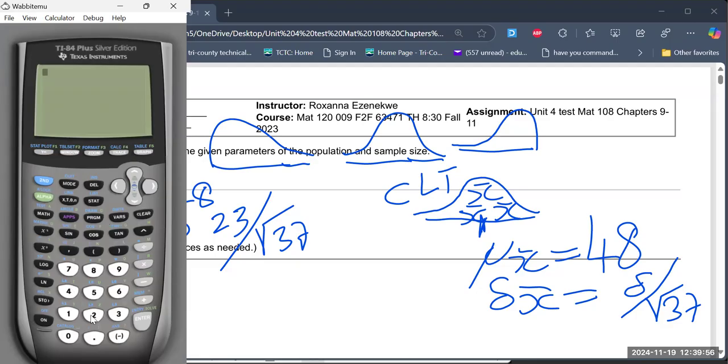So I'm going to put 23 divided by the square root of the sample size, 37. So when I hit enter, I get that the standard error is 3.78.